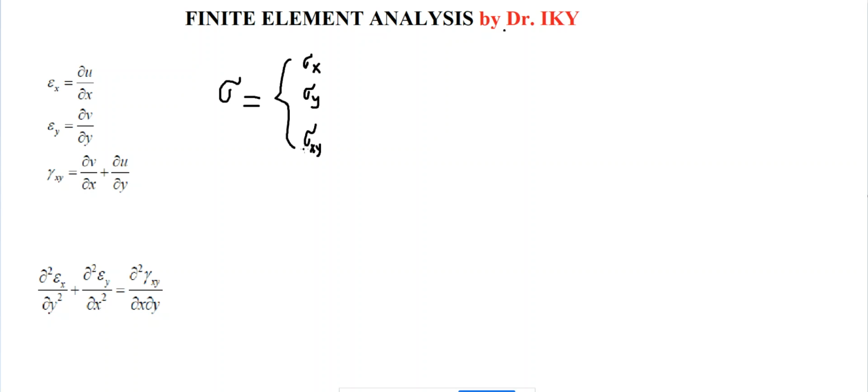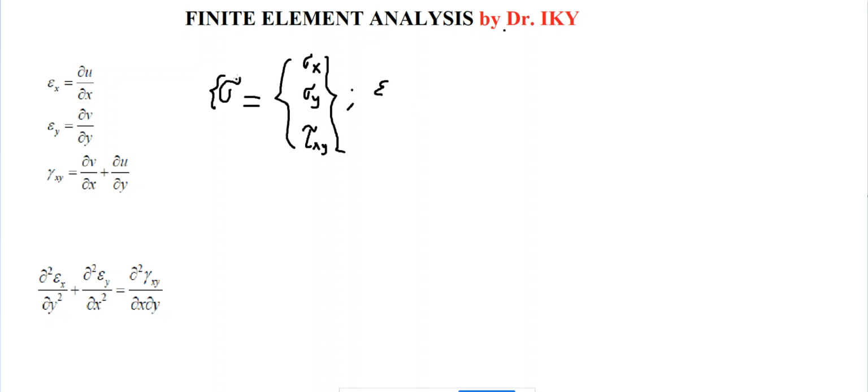As I told you, sometimes you can write in this way because these are very important, but regularly this one is much better. So xy. This is the vector of the stresses.